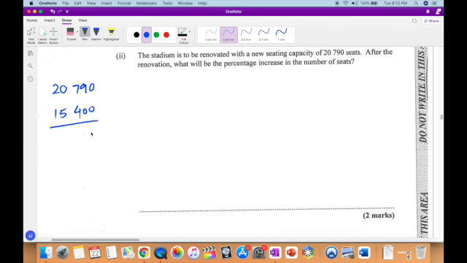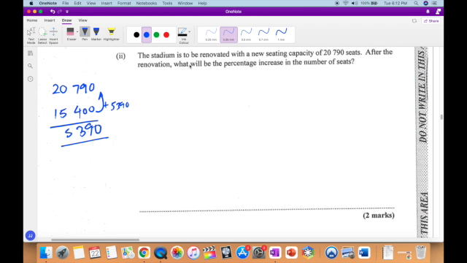So when I minus that, what was the difference? 2790 minus 15,400. So that gives us 5390. So this is the amount that we added. So we had 15,400 and we add in the 5390 to get the 20,790, right?